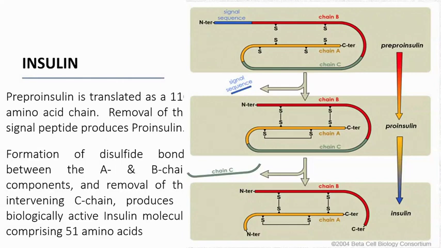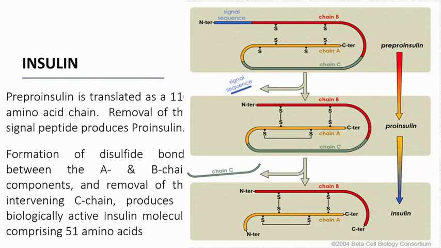So when you remove the signal sequence and the disulfide bonds are formed, what you have is no longer preproinsulin, but proinsulin, which you can store in the body. But it is not yet active. This proinsulin cannot catalyze reactions. So what will happen is that there will be removal of the C chain.